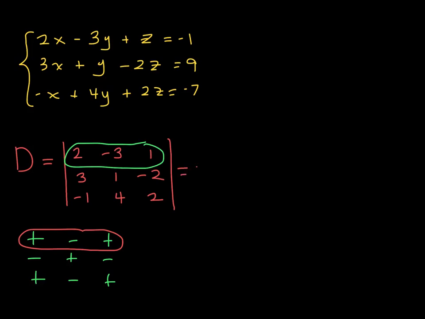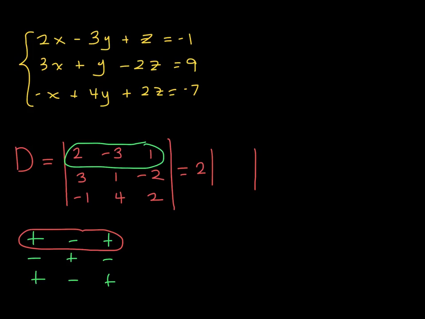So it'll be 2 times the 2 by 2 matrix found by eliminating the row and the column containing 2. So it'll be 1, negative 2, 4, 2.